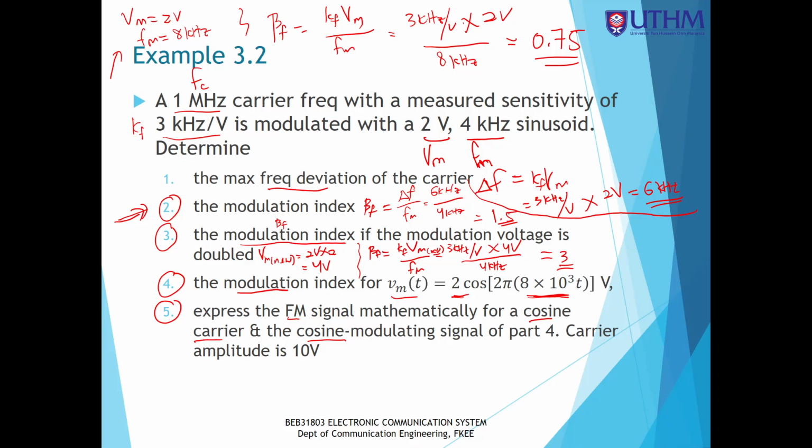VMT is based on question number 4, which is 2 cos 2 pi 8 kilohertz t. Given the carrier amplitude Vc is 10 volt, therefore you can rewrite the equation like this.